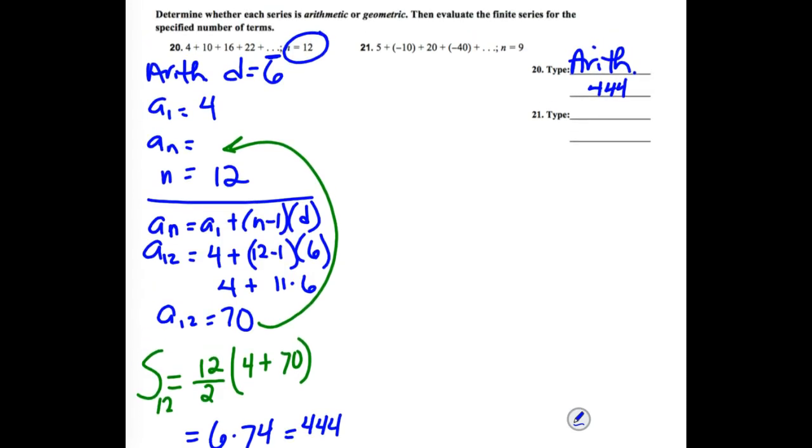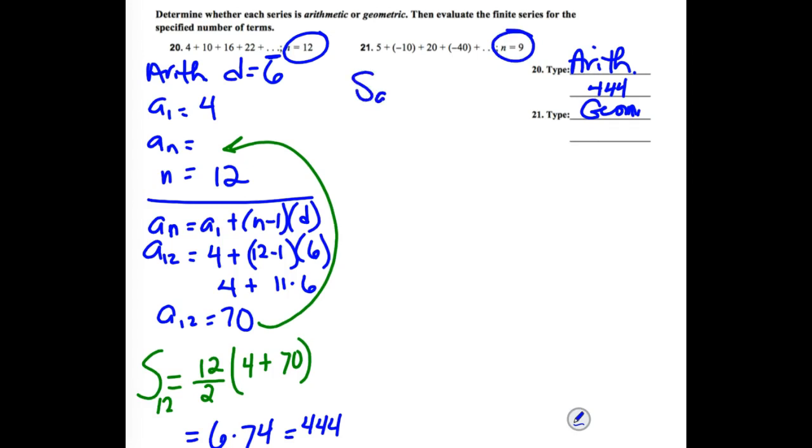Next example, arithmetic or geometric? Which one is it? Geometric. All right, it is finite. We are summing 9 terms.